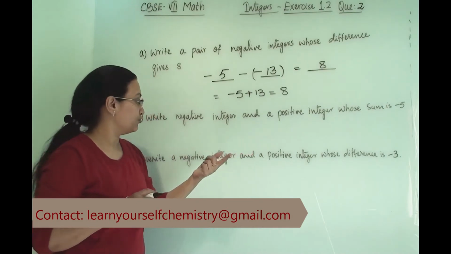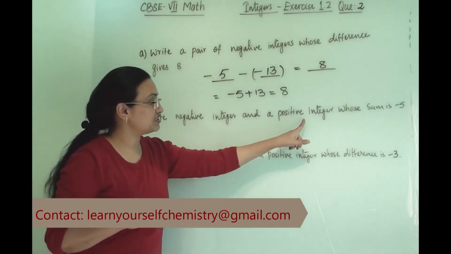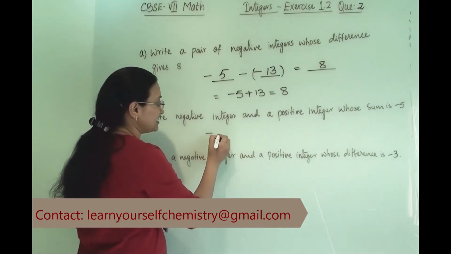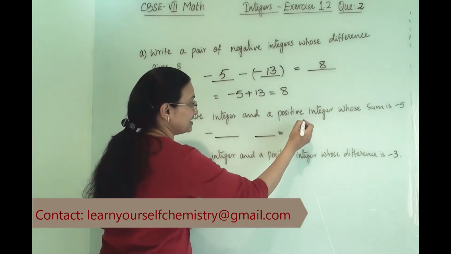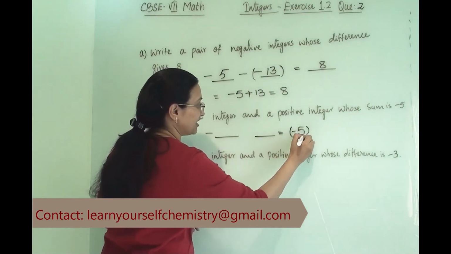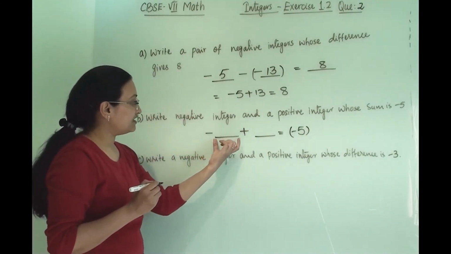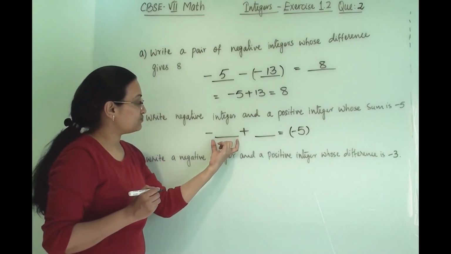Now next, write a negative integer and a positive integer whose sum is minus 5. One is a negative integer, the other one is a positive integer, and the sum is minus 5. Sum means we have to add here. So when will we get minus 5?